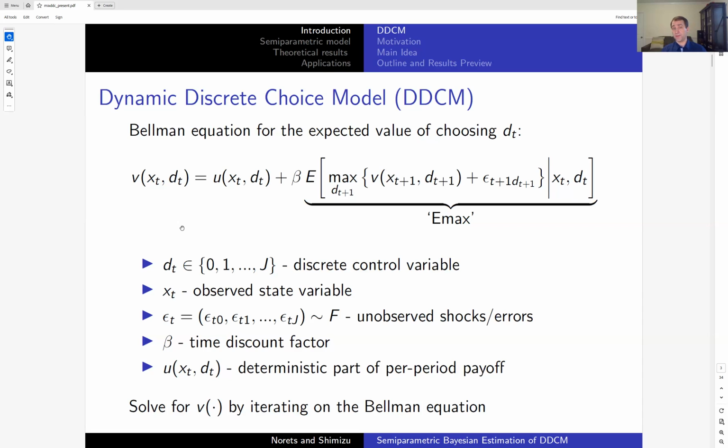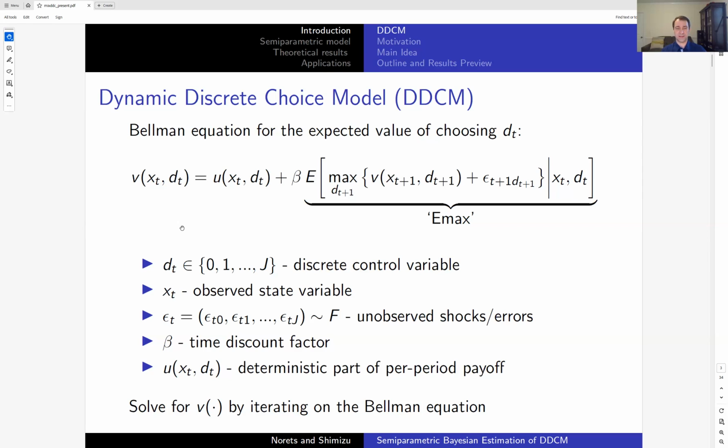An example of the applications that we are going to be looking at in our paper is one where a patient makes a decision when they get a particular type of disease. They decide whether they want to visit a doctor or not, and whether they're going to take sick leave or not.